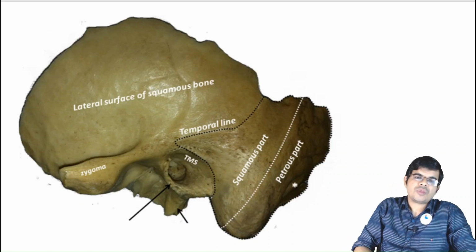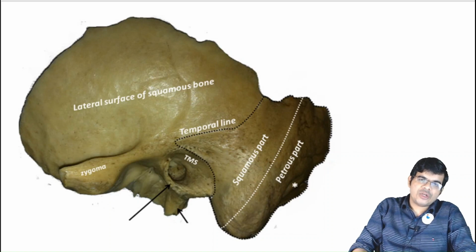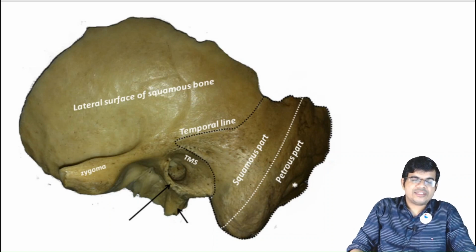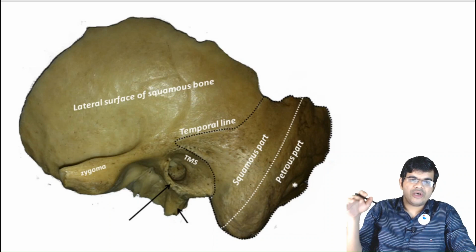So I told you the temporal bone contains the external canal. It is seen as a tunnel within the temporal bone, and this temporal bone has the squamous part, the petrous part, the styloid part, and a tympanic part.